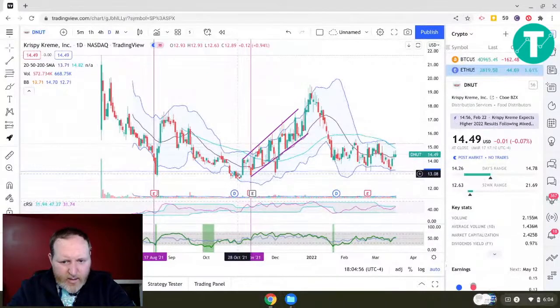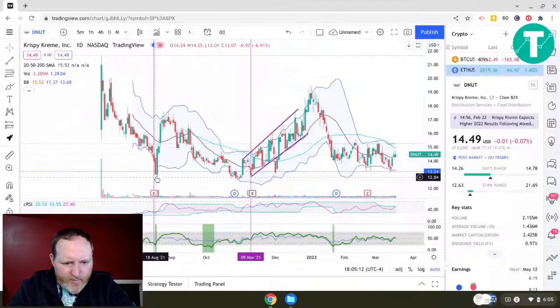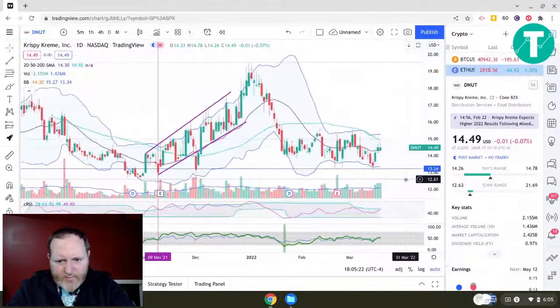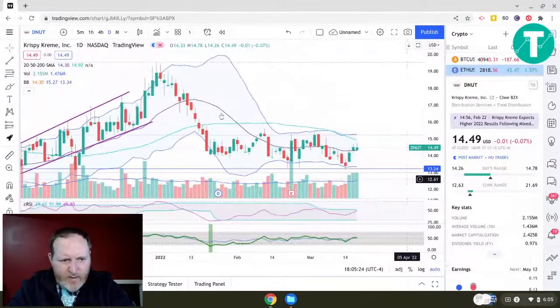If we go back here and let me just look at this. This was October 2021. It broke below it and got down to 12.65. This one here, right after earnings after it went public, this was August 2021. It was down about 12.84. So yeah, this 13.25 seems like it could be a low.